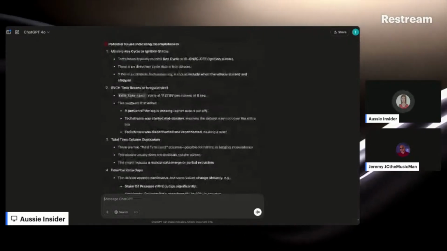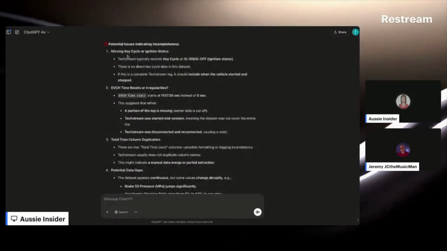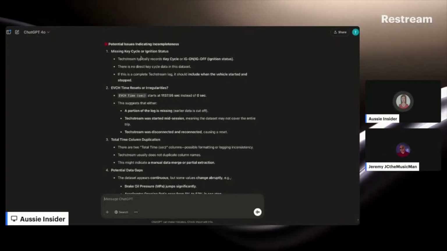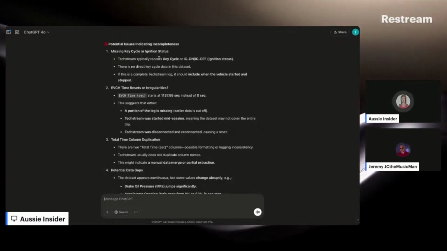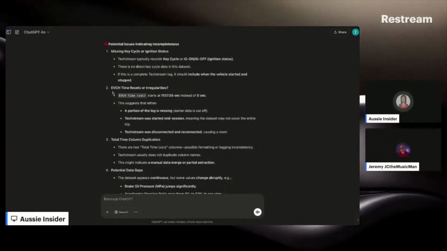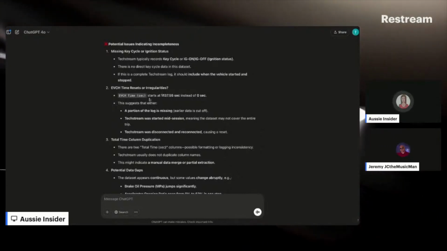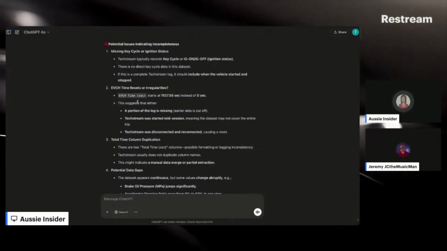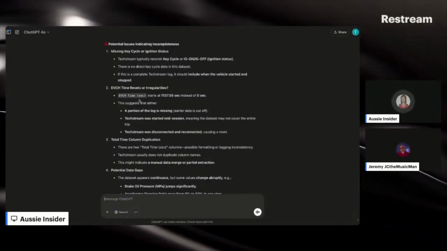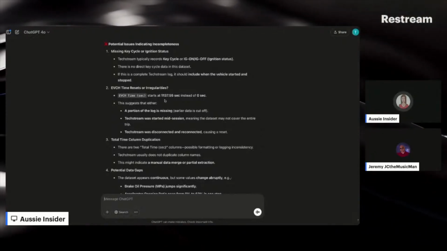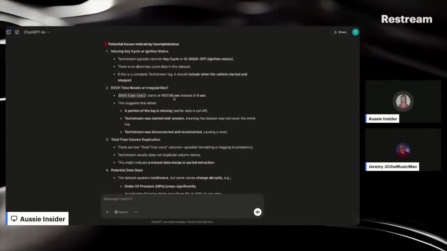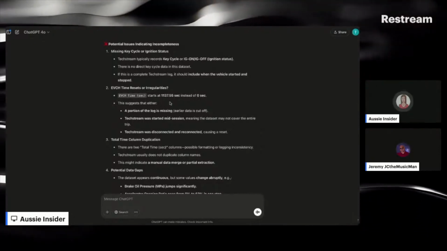The potential issues were missing key cycle or ignition state events, time resets, or irregularities. It starts at 1137.55 seconds instead of 0.